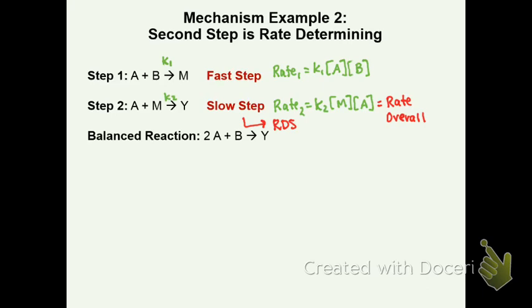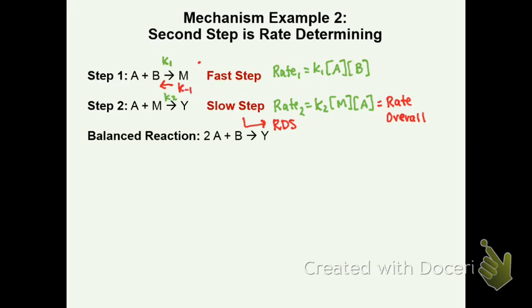So in order to do this, we need to think about what's actually going on as the reaction proceeds. So step 1 occurs very quickly, and so M is rapidly formed, but then it takes a while for it to be consumed in the second step and form the product. So during the course of this process, it's possible that some M converts back to A and B in the reverse reaction. So we'll call this reverse reaction rate constant K minus 1.